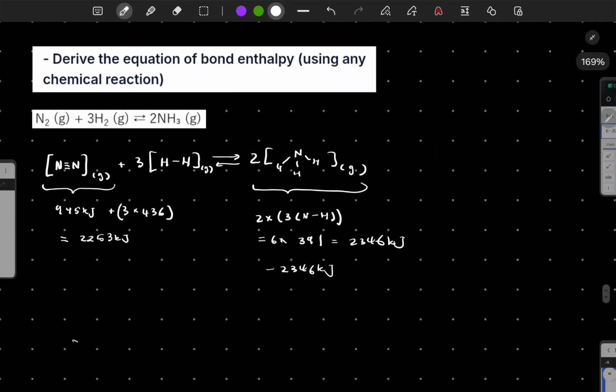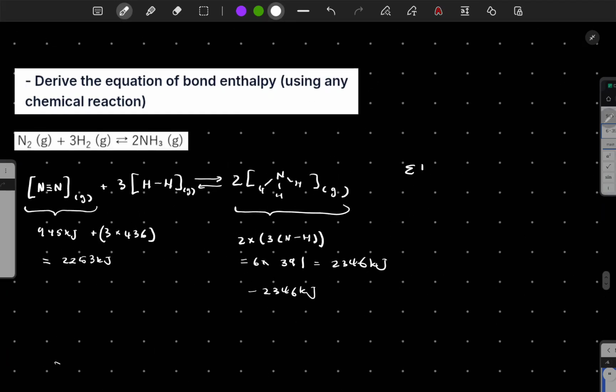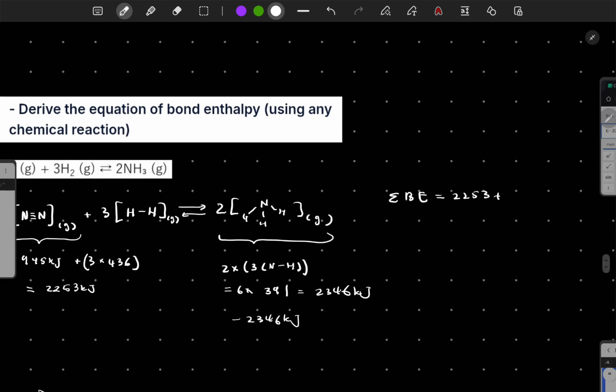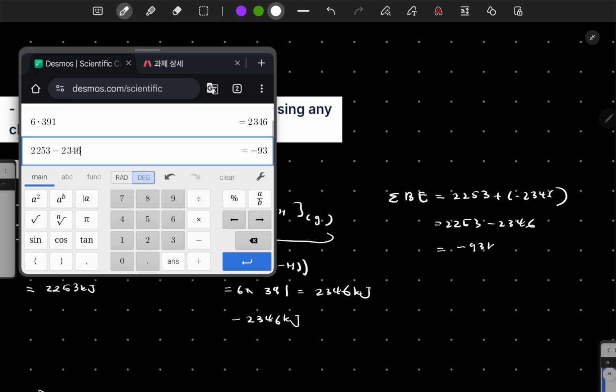Now, we have seen that we put in 2,253 kilojoules, and then it releases negative 2,346 kilojoules. So that means that the total net enthalpy change, the net bond enthalpy of the reaction, is equivalent to 2,253 plus, since we're adding the enthalpies, negative 2,346, which is negative 93 kilojoules.